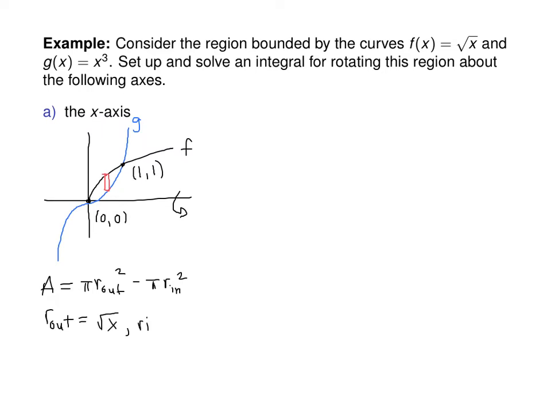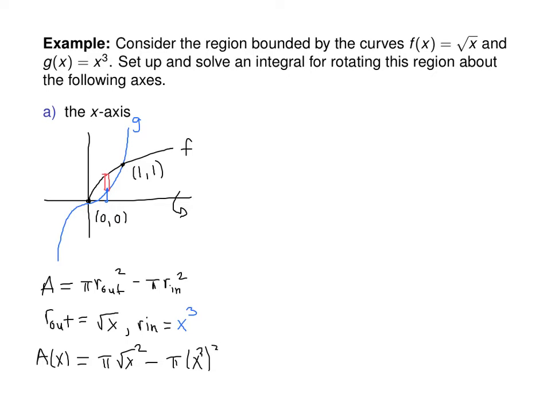R in is the distance from the axis of rotation to the inner curve, so that would be this distance. In this case, that is x cubed. So the area of a slice is pi times square root of x squared minus pi times x cubed squared.